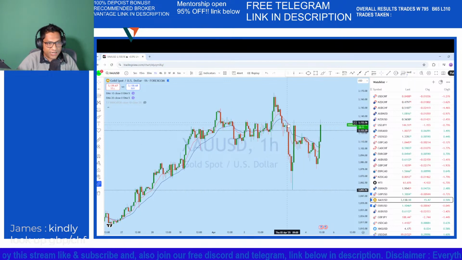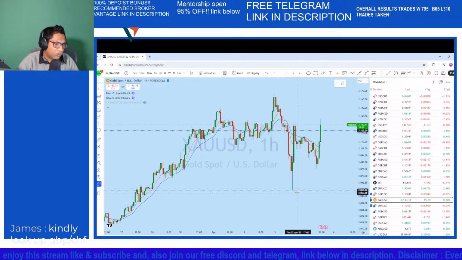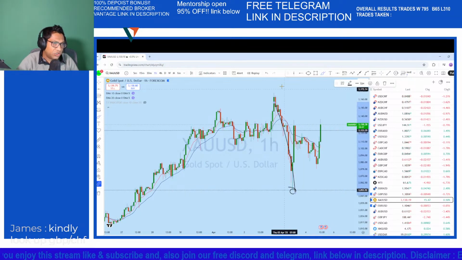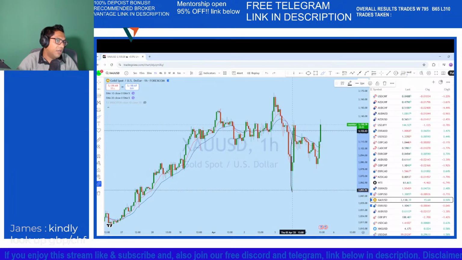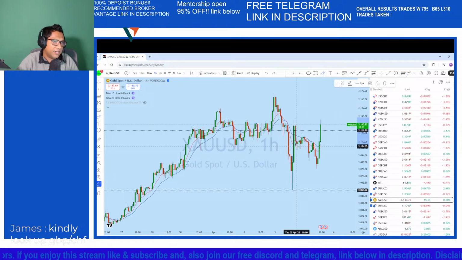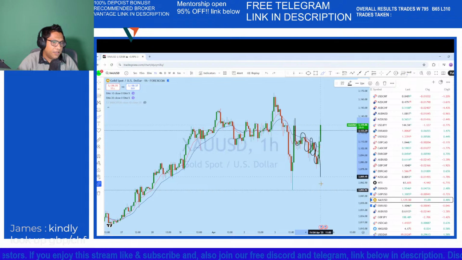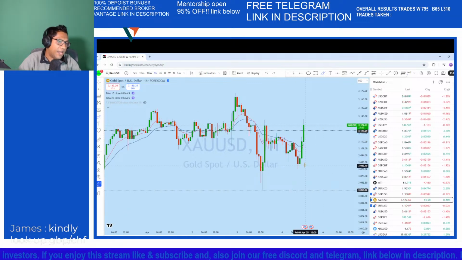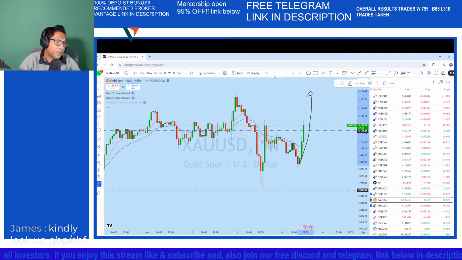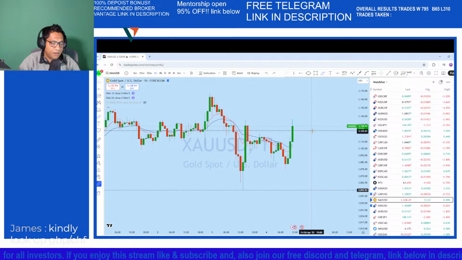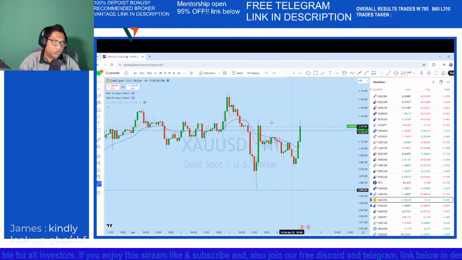we saw that early today there was a break of structure, a strong drop to that support level, and it bounced back up, and then the market in that area was consolidating. And now we can see from here that it had a break to the upside with stronger momentum.